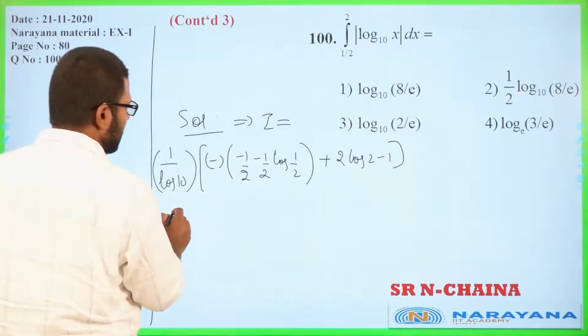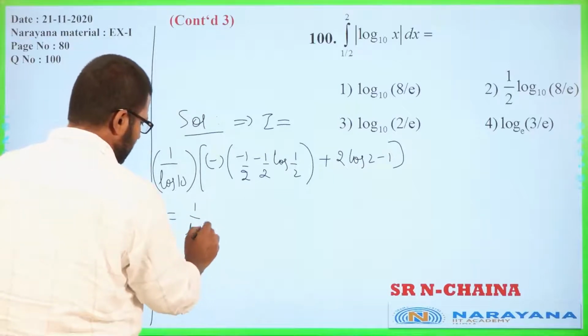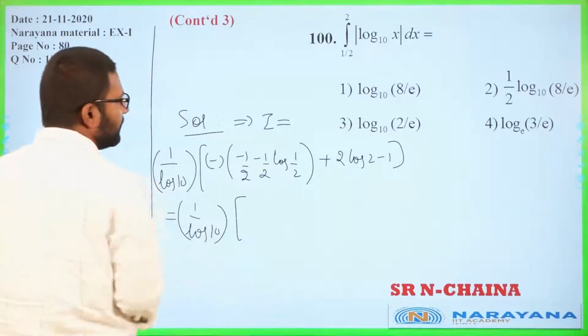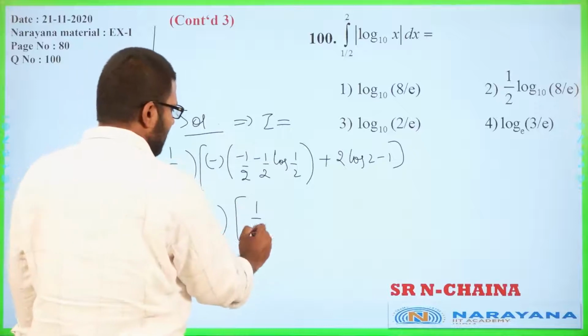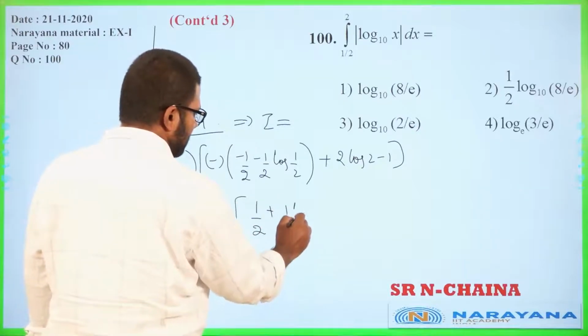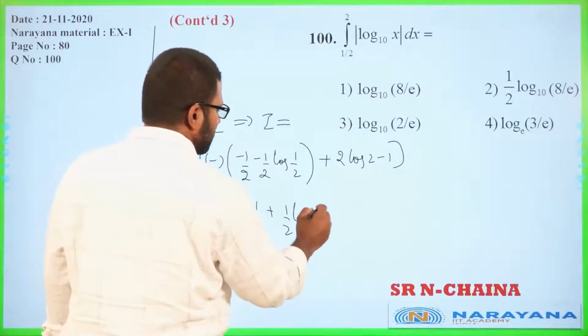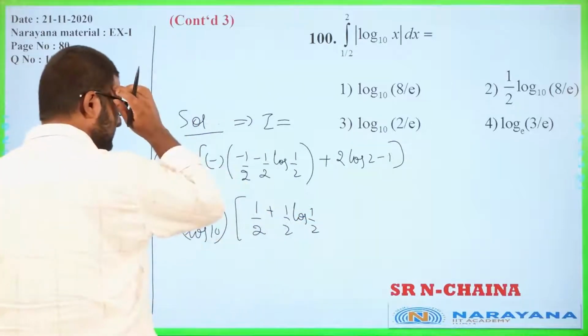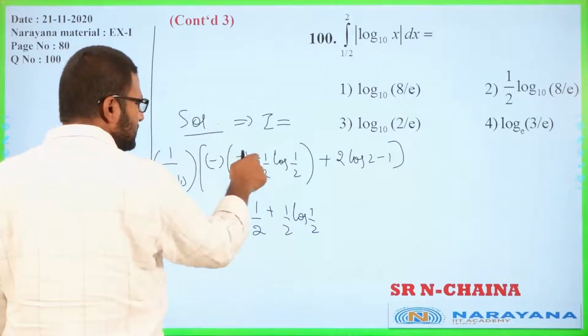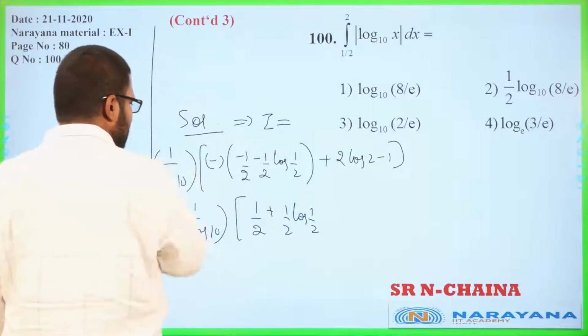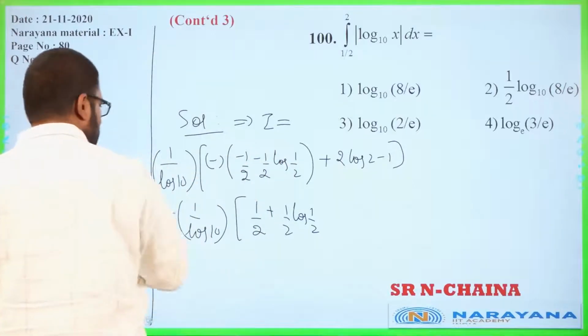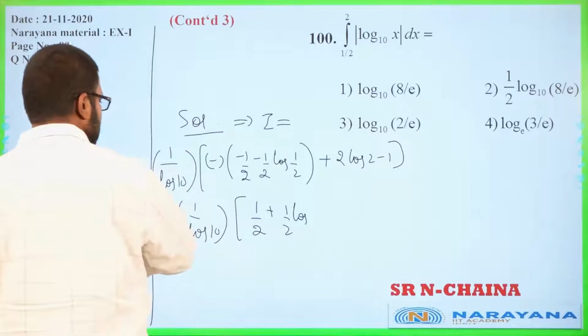So that is 1 by log 10 into half plus half log half. You can take this minus inside and make it minus half log 2.